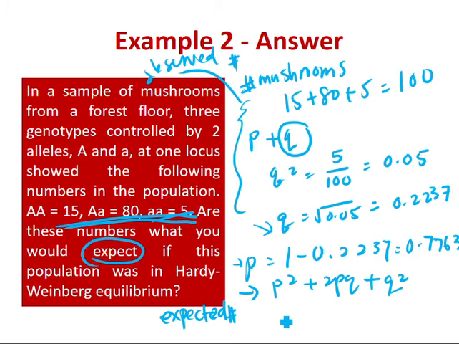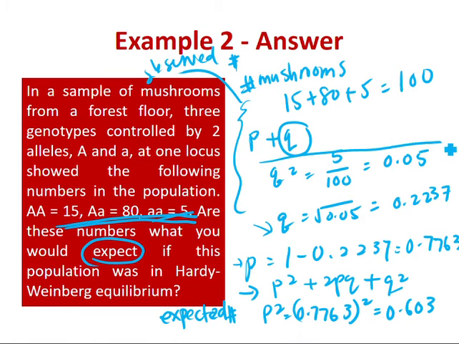So let's do P squared first. P squared is 0.7763 squared. So you get 0.603 or so. And then Q squared you already know, 0.05.